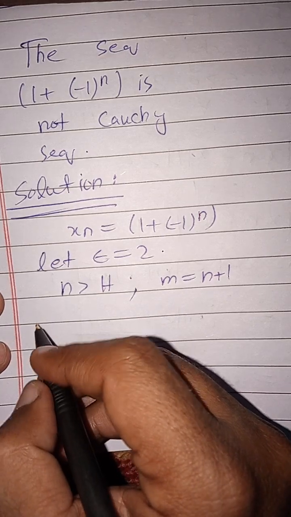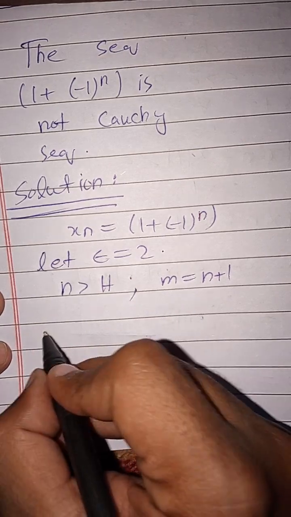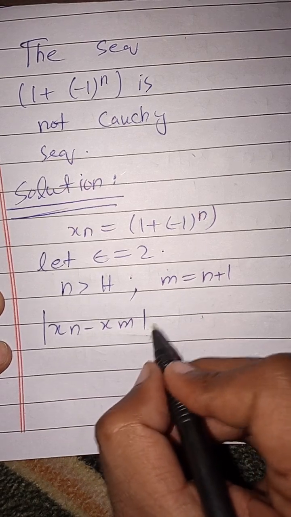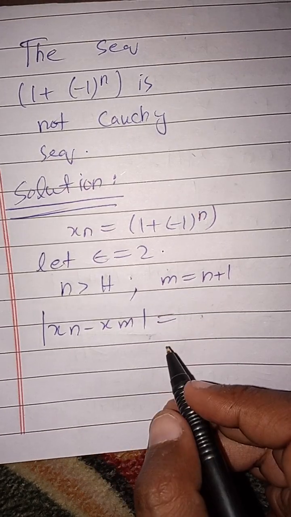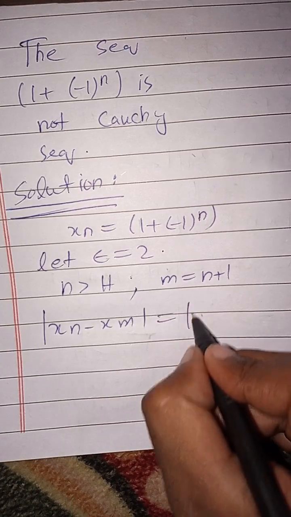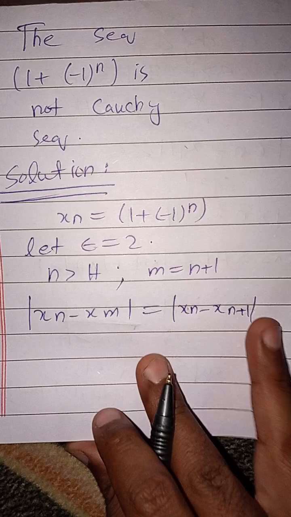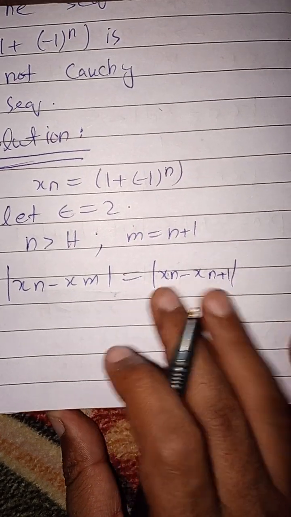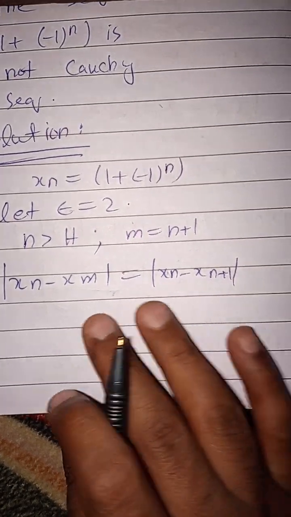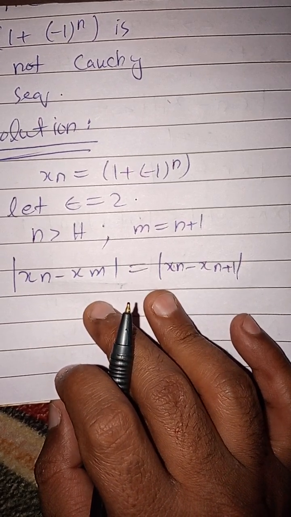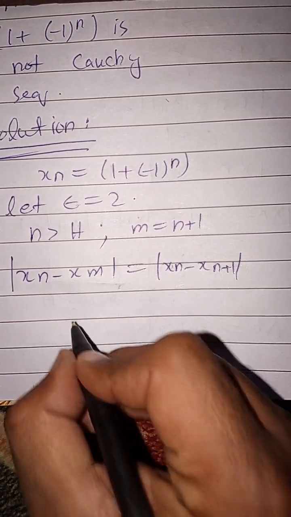Then we can write mod xn minus xm is equal to xn minus xn plus 1, and if it gives us different values, then it is not Cauchy. How will we show that it gives us different values? Let's put the value of xn.